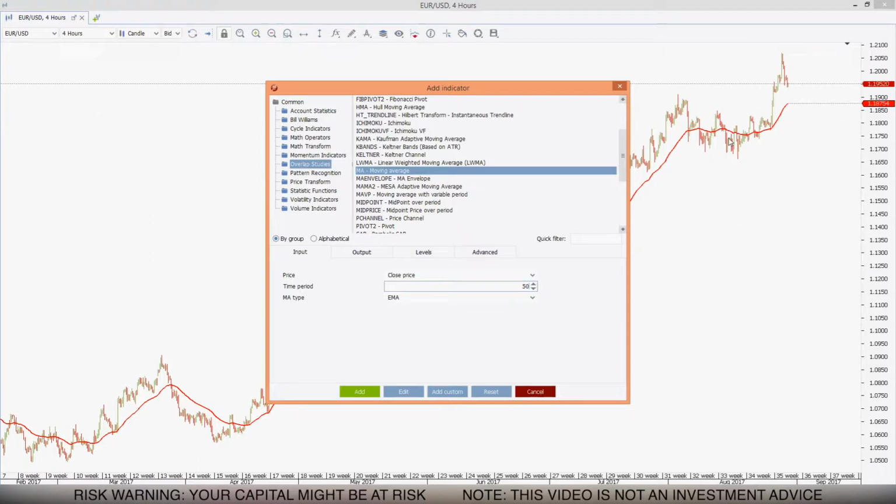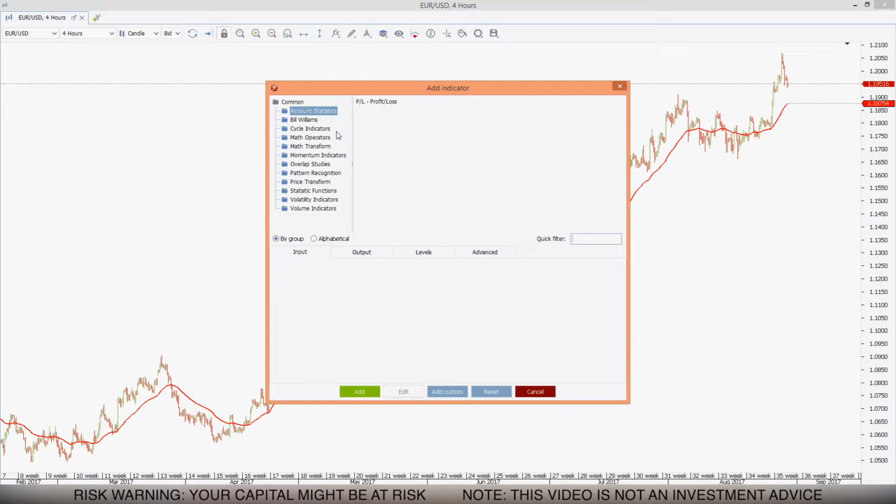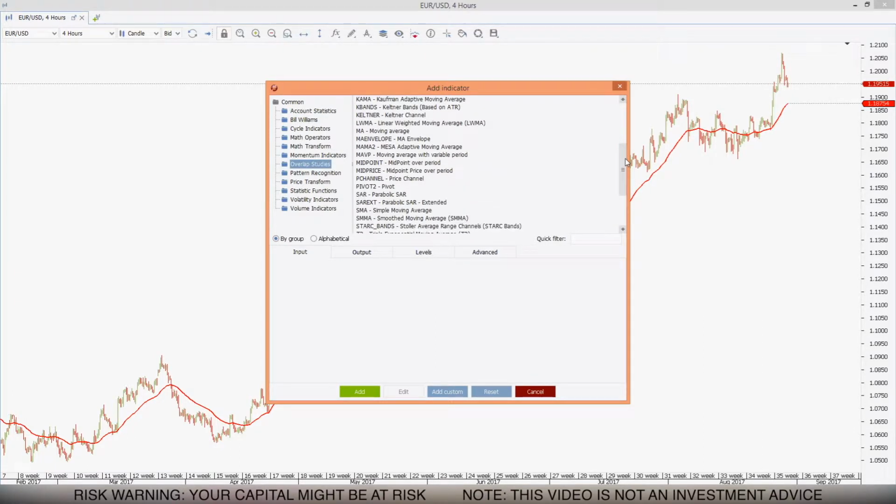This red line here would be our EMA 50. We click add, and then we want to add another one, still under add indicator. We go to overlap studies, moving average, and the second moving average that we need is the 200 one.